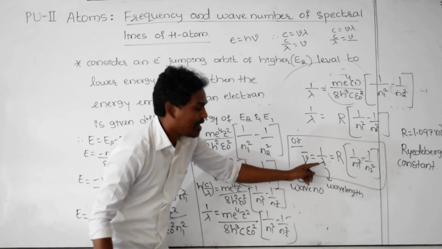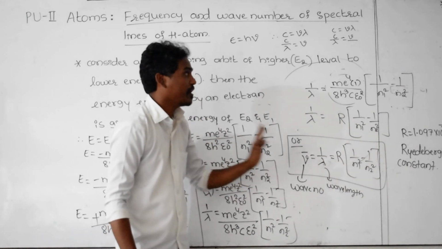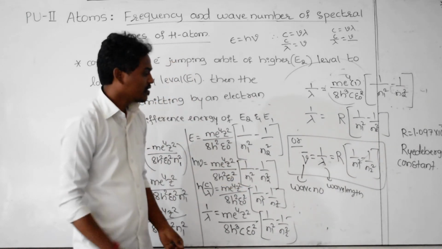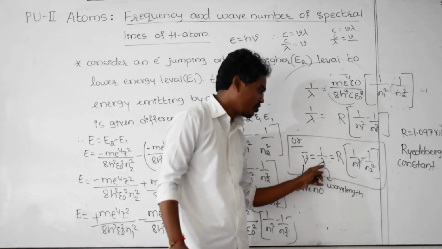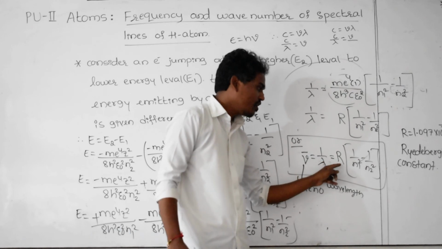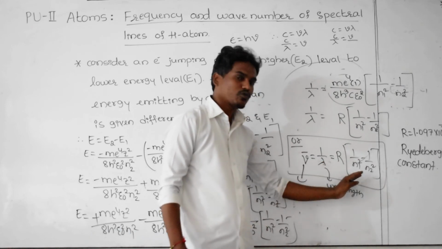But 1 divided by lambda is not a frequency, that is wave number. That is, the inverse of wavelength is equal to R into this one. And how to use this formula?